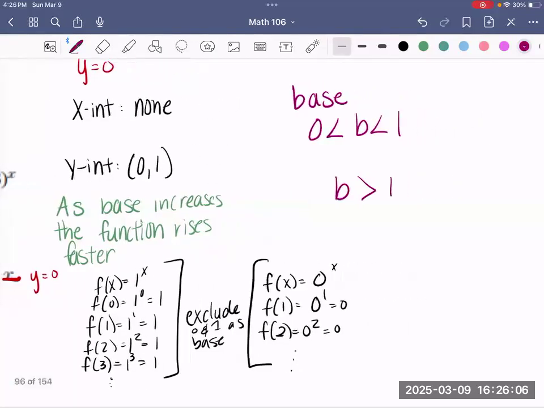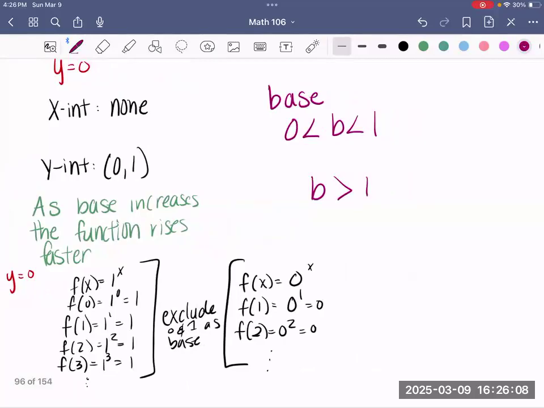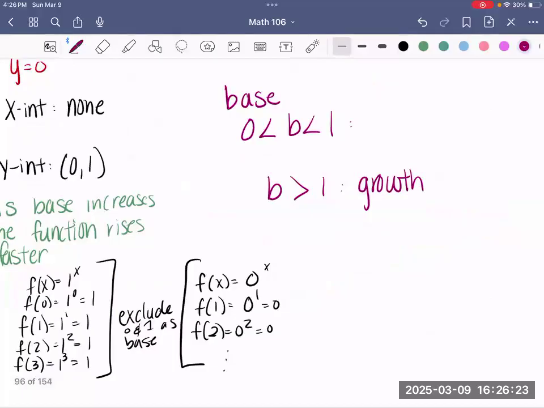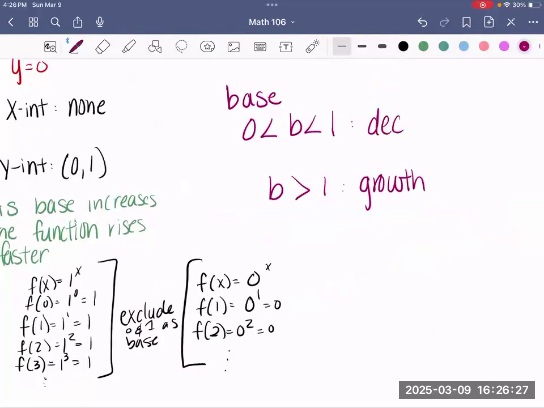Those that are greater than 1 are going to be increasing, so these are growth. Whereas if they're in between 0 and 1, like your purple one, instead of growth, we're going to have decay. Any base in between 0 and 1, we are falling.